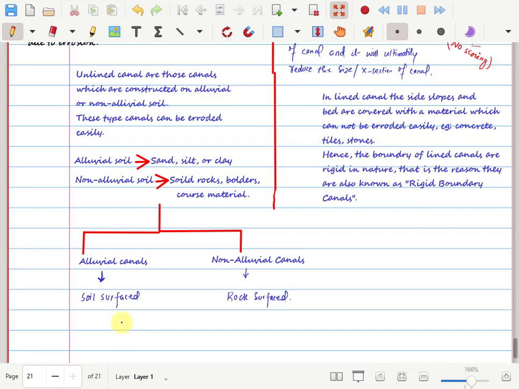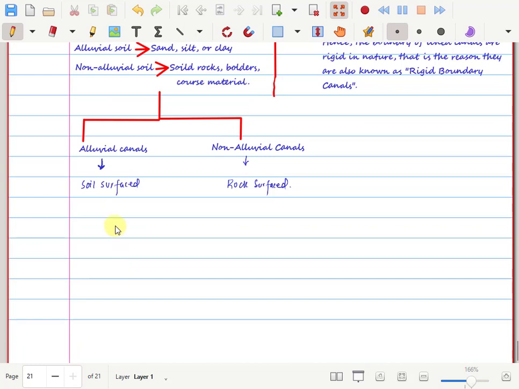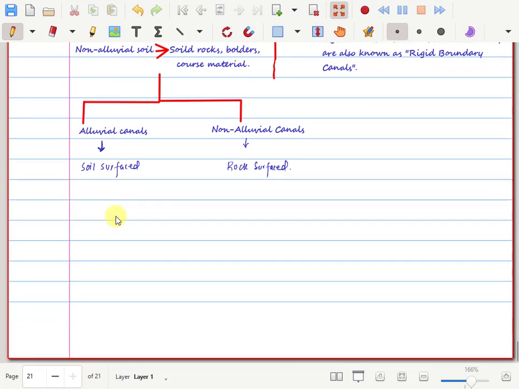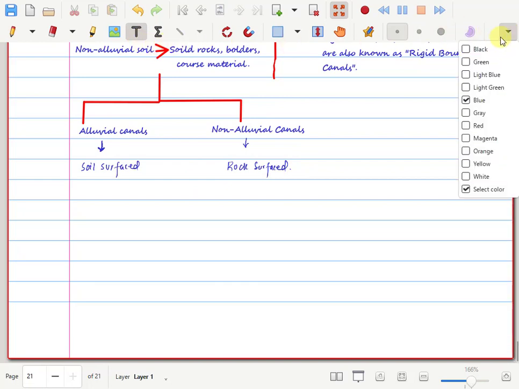So some important points related to alluvial canals and non-alluvial canals, you need to note it down.